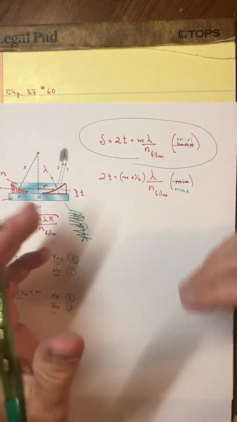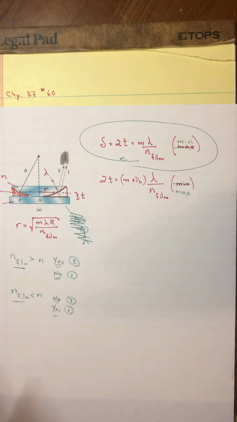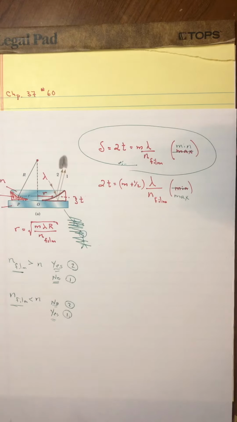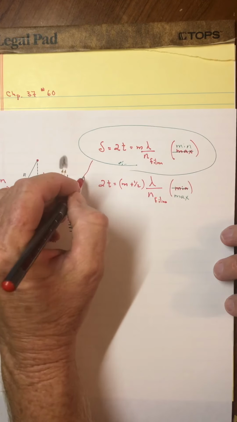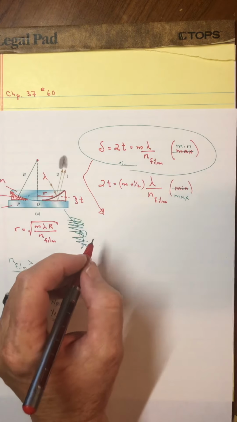We just needed to figure out for reflected light which one was a minimum. And that's the right equation. And for all these thin film ones, I think the hardest part is to recognize which equation should be used.